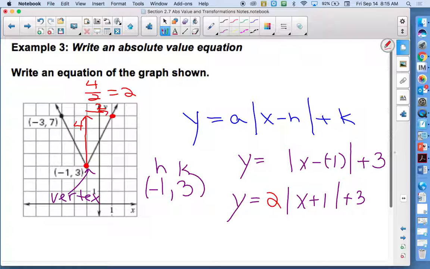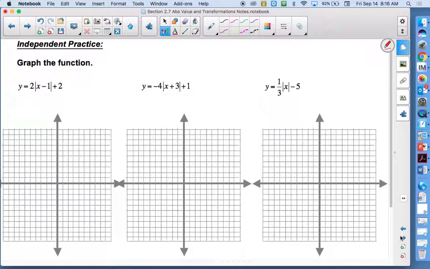Right, so I'd like to graph one of those at the bottom there, just to graph one. We'll graph the first one again so you can feel a little more comfortable. So when you're graphing today, or maybe on Sunday, probably not tonight, I need you to list the vertex next to your graph, and list the A value. Can anybody tell me the vertex in the first independent practice problem? Emma, what do you think? Yeah, 1, 2.